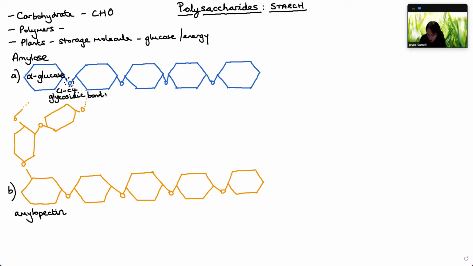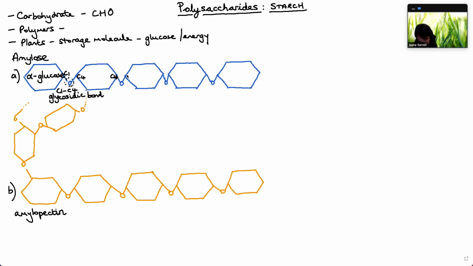The carbon 1 to carbon 4 describes the position of the bond. So this is the position of the carbon 4, and here is the position of the carbon 1.